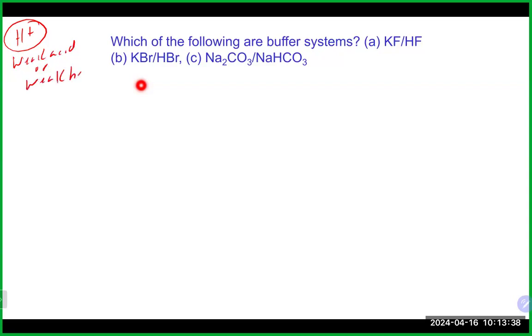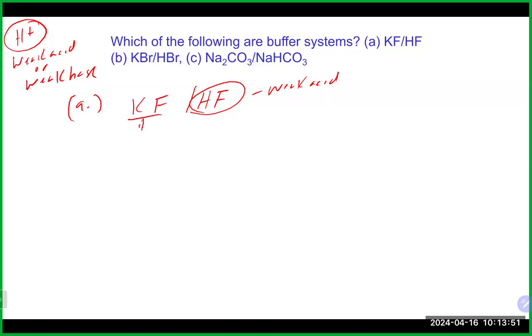So if we take a look at the first one, we have KF and HF. We know that HF is a weak acid. KF is a salt, which is basically K plus and F minus. So these two things are related to each other by one H plus, and that is a weak acid and its conjugate base, which means yes, there should be a buffer system.